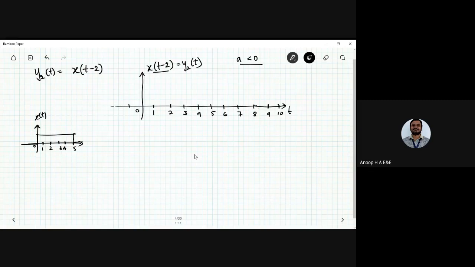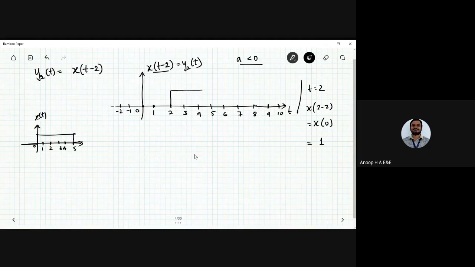When t is 0, x of minus 2 is 0. When t is 1, x of 1 minus 2, that is x of minus 1, is 0. When t is 2, x of 2 minus 2, that is x of 0, is 1. So from 2 you have 1 here, and again at 3 you have 1.